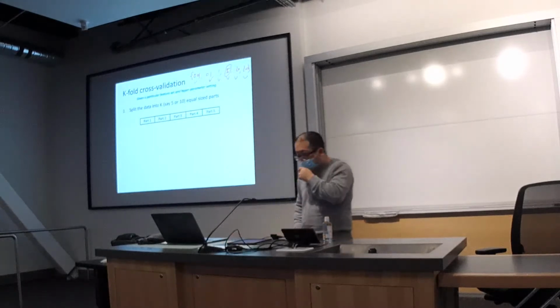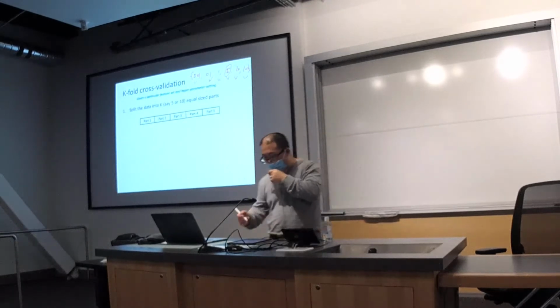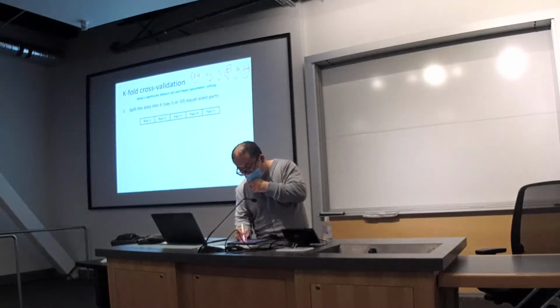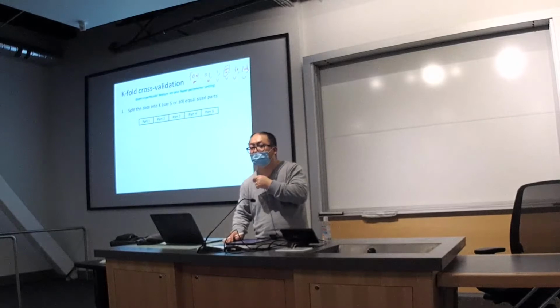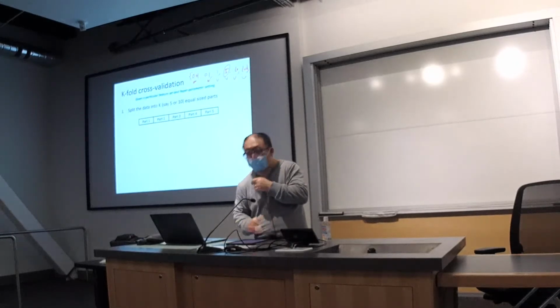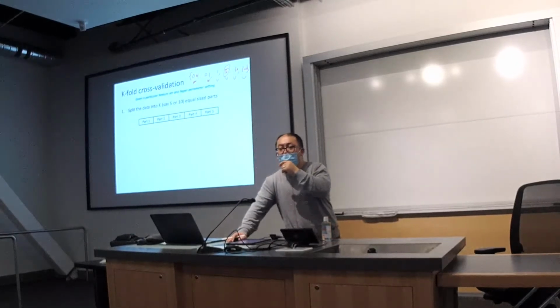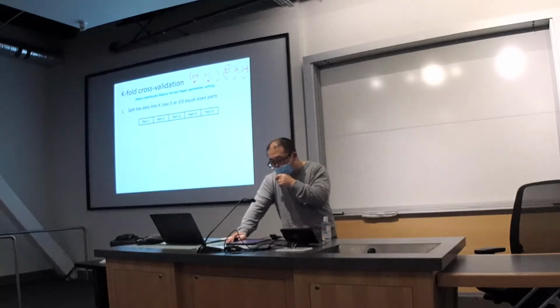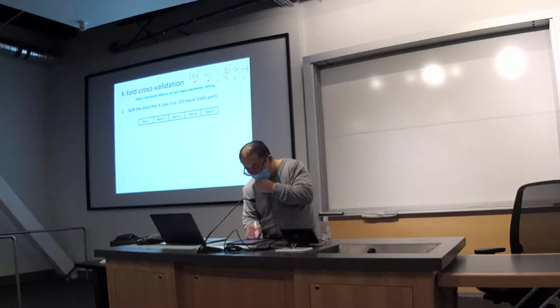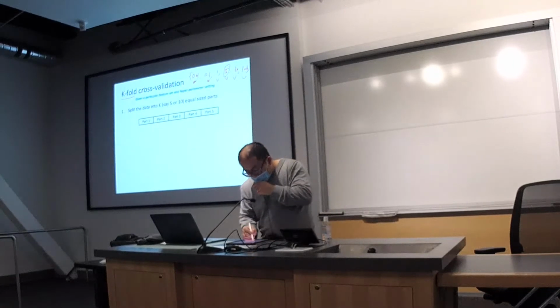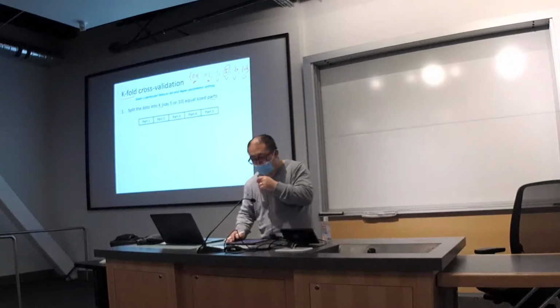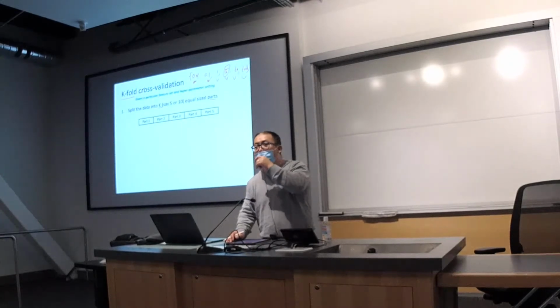Then the question is reduced to how can we evaluate the performance of each candidate value of C. Then we're going to use cross-validation, or specifically, this is usually referred to as k-fold cross-validation. Why is it called k-fold? We usually split the data into k parts, each of equal size.